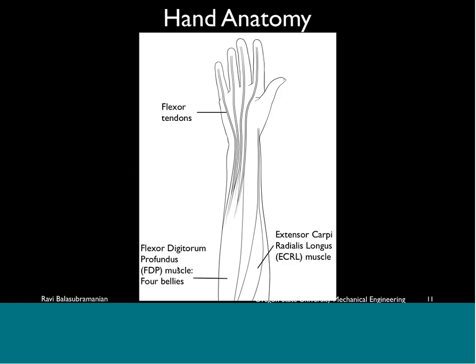digitorum profundus muscle, which creates finger flexion movements, and there are 4 bellies and each of those bellies is connected up to each of the 4 fingers. And another muscle in the forearm is the ECRL muscle, or the extensor carpi radialis longus muscle, which creates wrist extension movements.